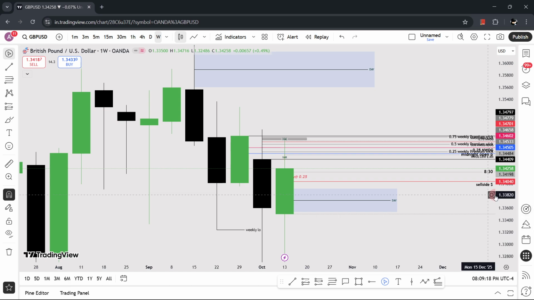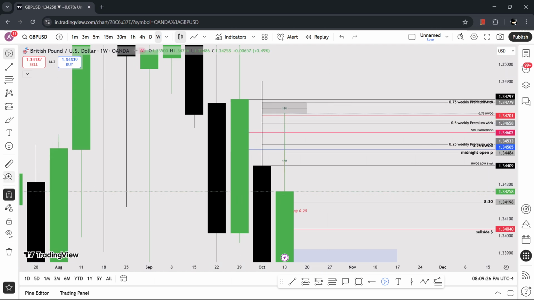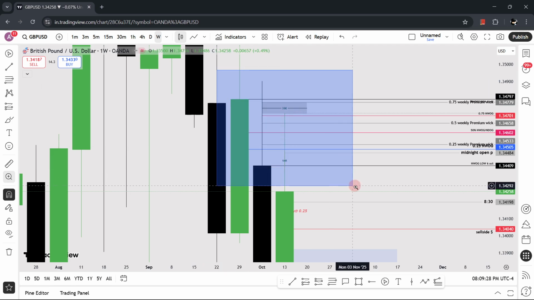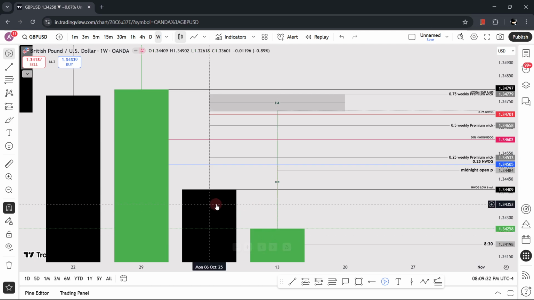Okay, so what you're seeing here is a weekly chart of GBPUSD on a 1 week time frame. I just wanted to have a look at this week.